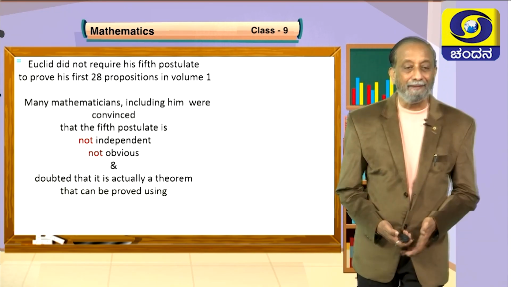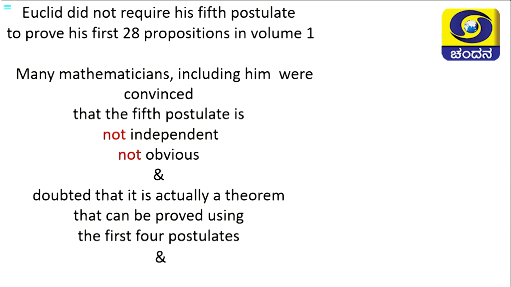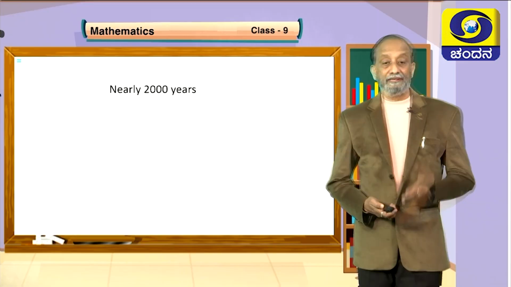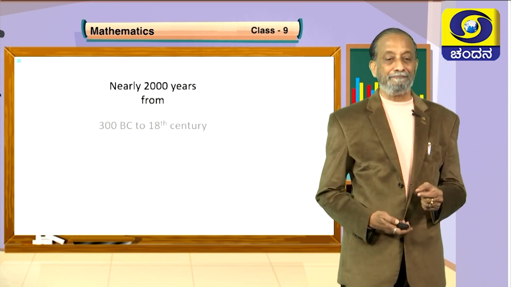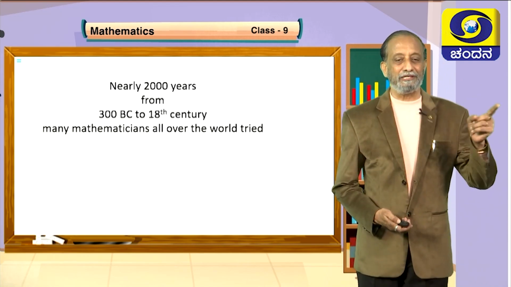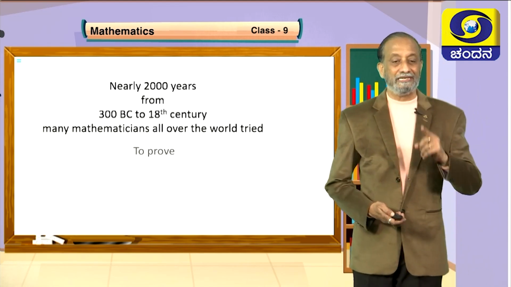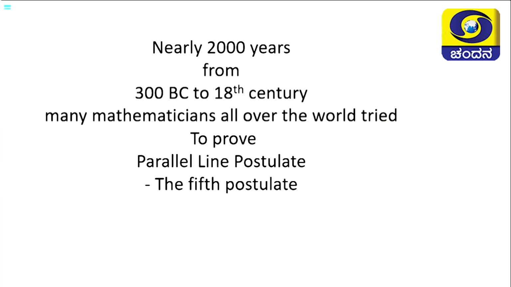actually a theorem that can be proved using the first 4 postulates and 7 axioms only. For nearly 2000 years, from 300 BC to the 18th century, many mathematicians all over the world tried to prove the parallel line postulate, the fifth postulate, but in vain.